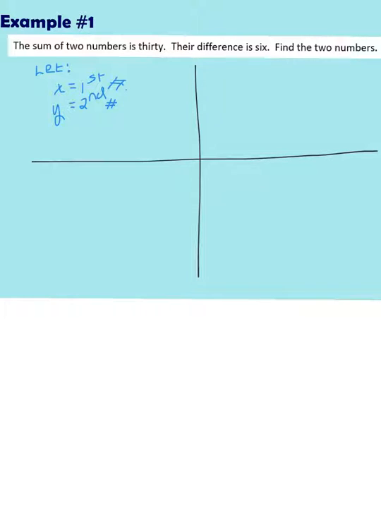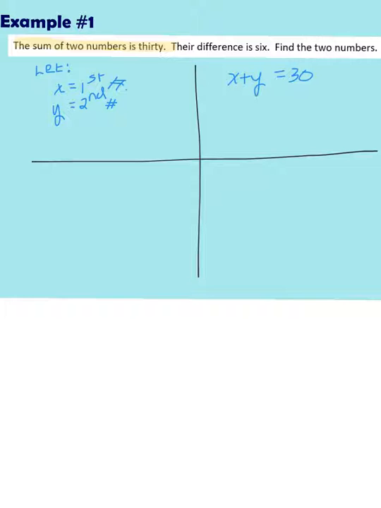Then we need to look to see what our equation to solve is. So start looking to highlight some stuff. The first sentence says the sum of the two numbers is 30. So my two numbers are x and y. So their sum, x plus y, must equal 30.